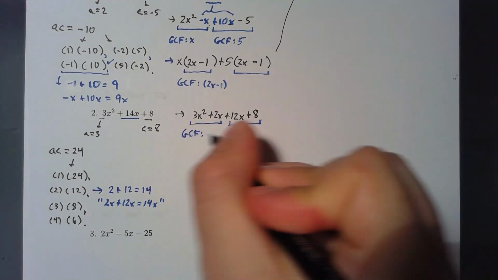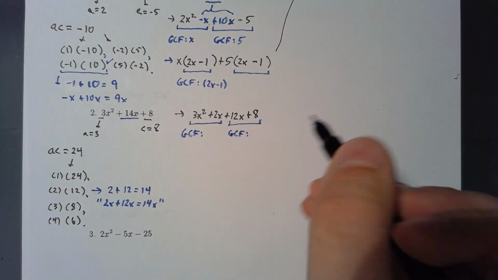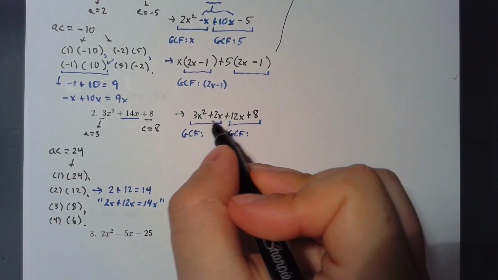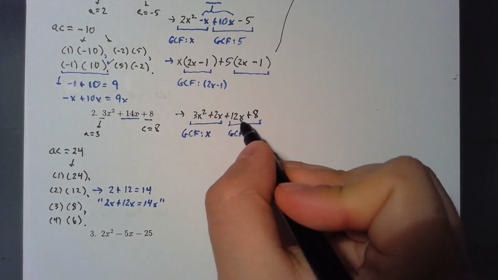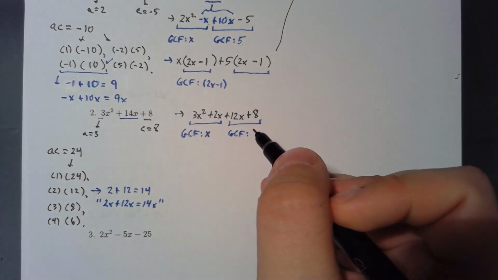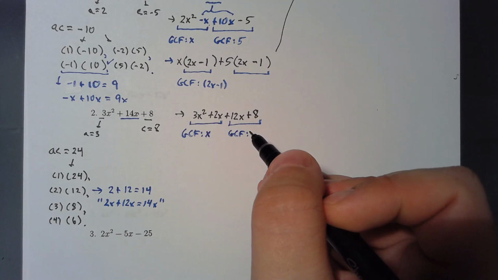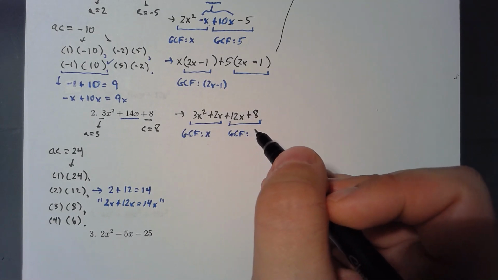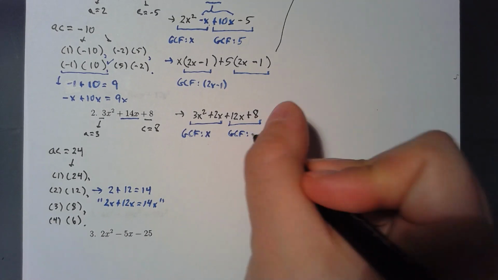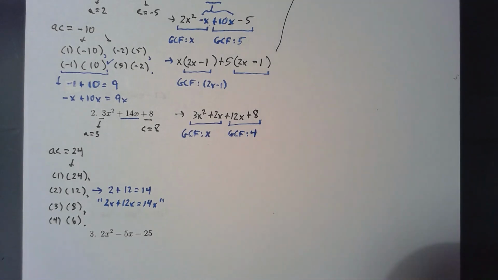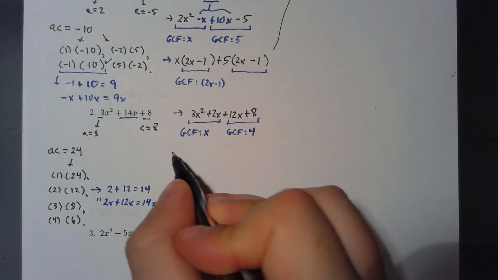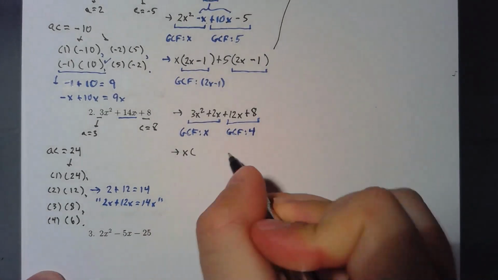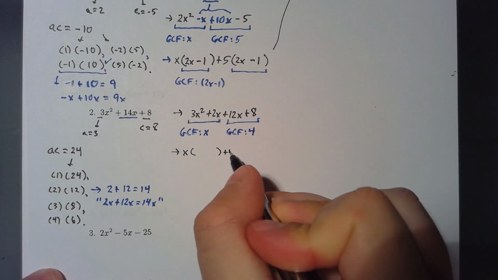So the GCF in each group. So what's the GCF here? Well, 3x squared plus 2x. So they have an x in common. What do they have in common, 12 and 8? So that's going to be 4. Alright, so I factor an x out of the first group, I factor a 4 out of the second group.